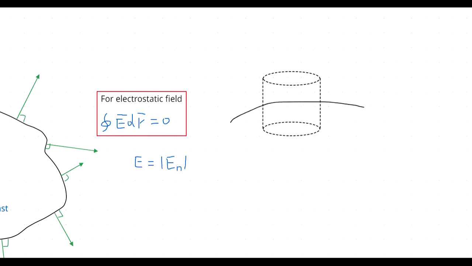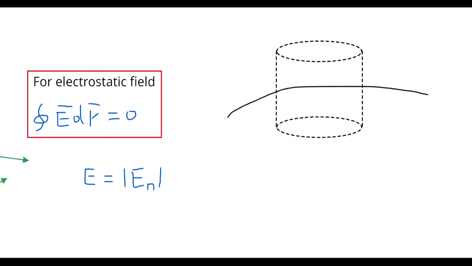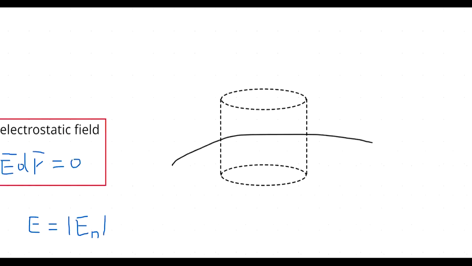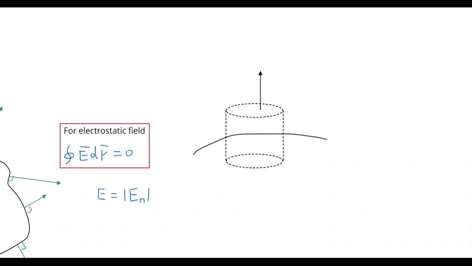Okay, and for the upper base of cylinder, we have that the vector of its area is some dS. This is some dS, because the cylinder is infinitely small.